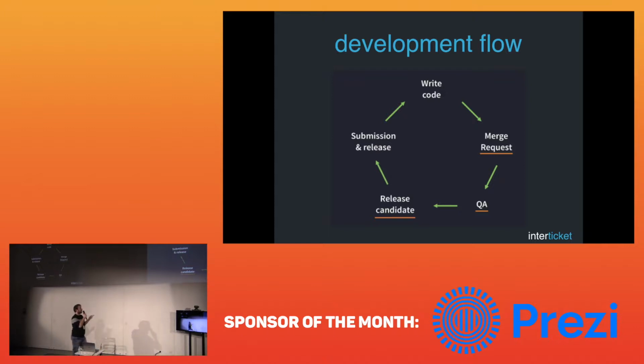The merge request, QA, and the release candidate parts of the flow are the parts which participate in the continuous integration process.